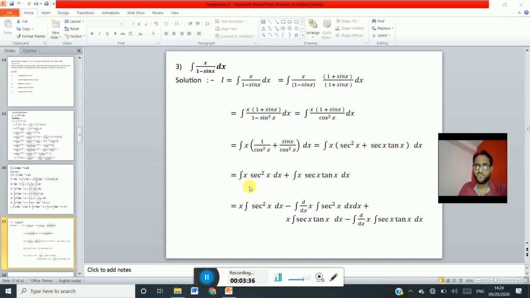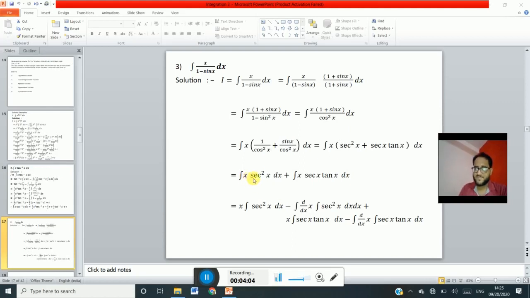Now we have two separate integrations, and both are products of two functions. Here x into sec square is a product between x and sec square, and here x into sec x into tan x is a product of three functions, but sec into tan we consider one function, one term, right? We use the parts rule in both terms.